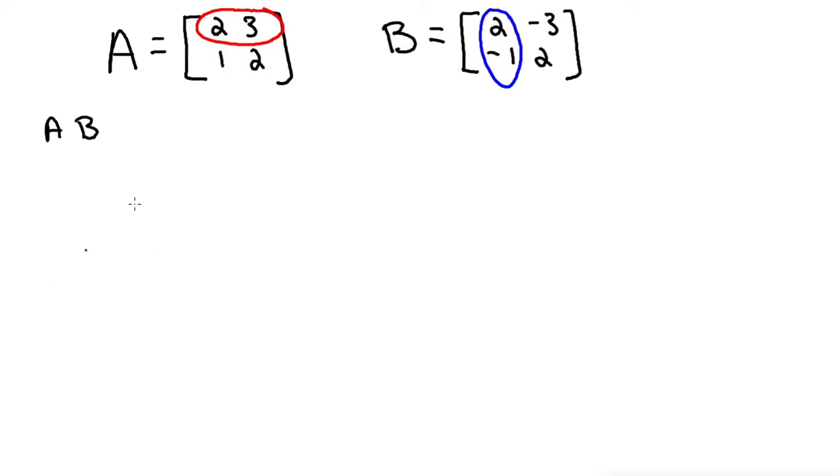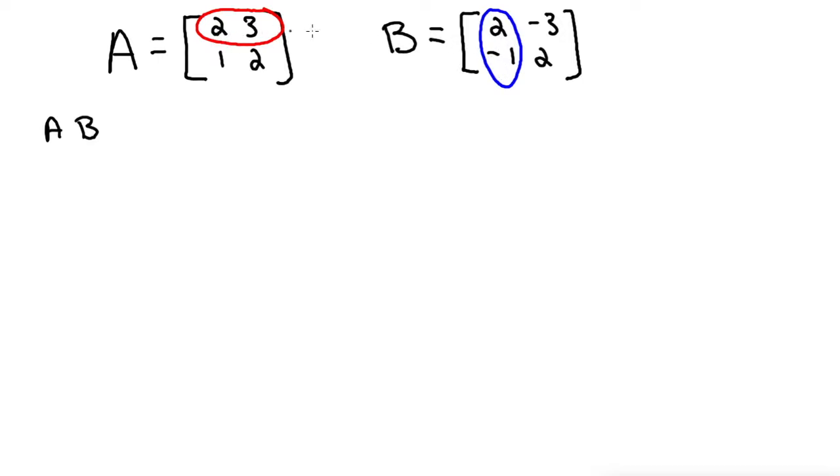And this is going to be the top left part of the answer for A times B. So if we do 2 times 2, and remember, when we're working with this matrix for multiplication, we're going to start at the left and move right. And when we do this matrix over here, we're going to start at the top and then go down.